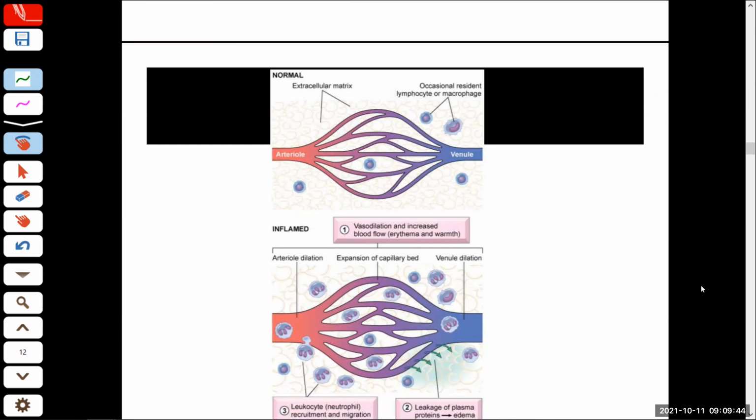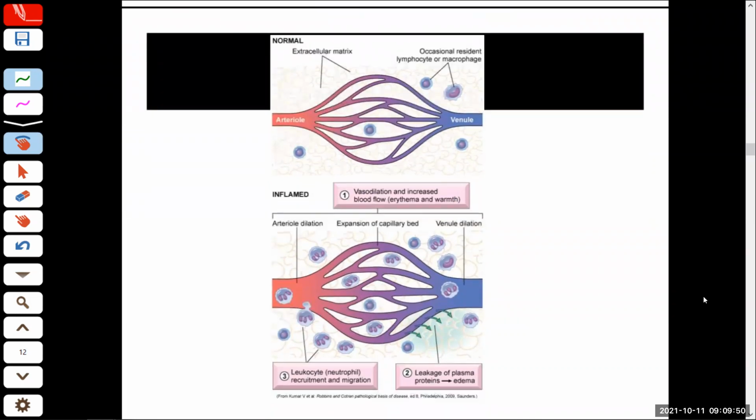So here's just a nice visual representation of what we were talking about. Inflammation has two effects. What were the two effects of inflammation? Vasodilation and increased permeability.